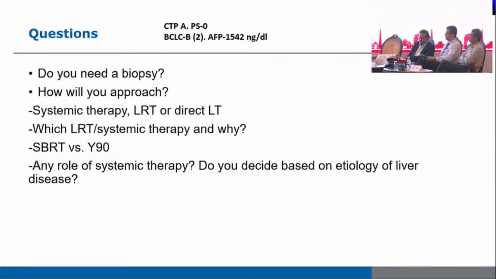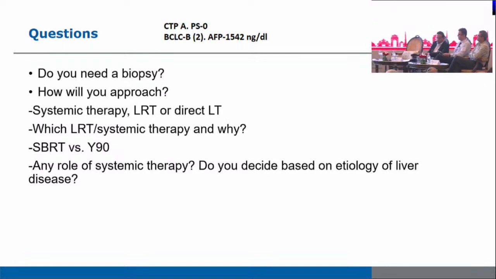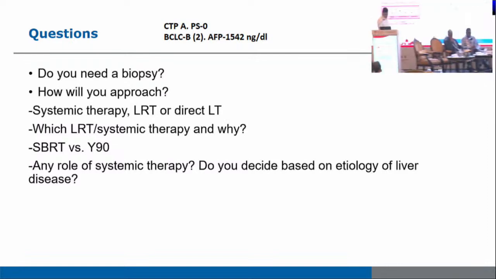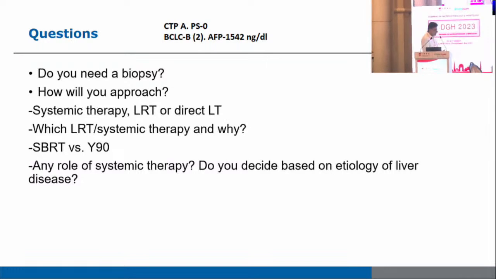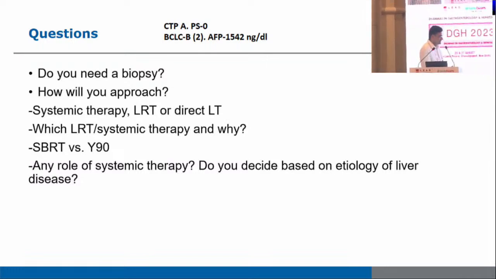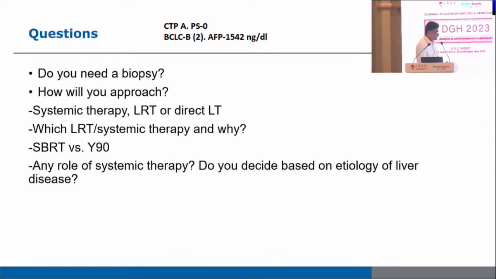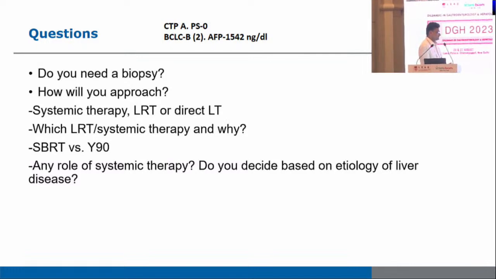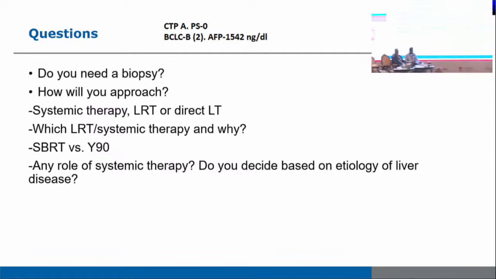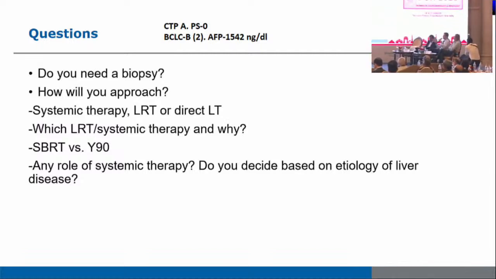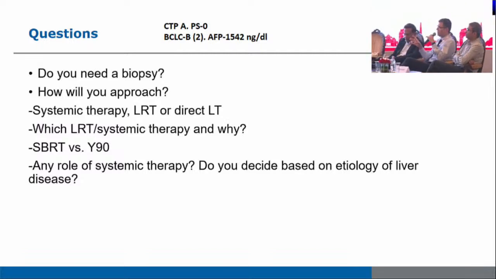So any role of systemic therapy? If you had to plan systemic therapy for this patient who has NASH cirrhosis, do you decide the role of any systemic therapy, be it lenvatinib or any other drug, based on etiology or on affordability? So as of now, the recommendations do not suggest that you should discriminate based on etiology, although there is a meta-analysis of subgroup data suggesting patients who have NASH-related HCC do not have a survival advantage.